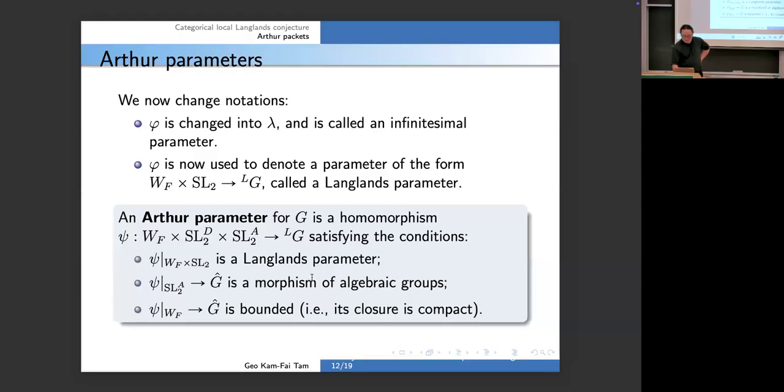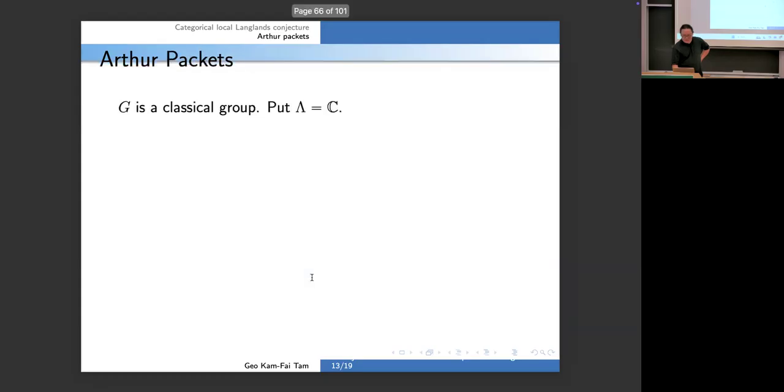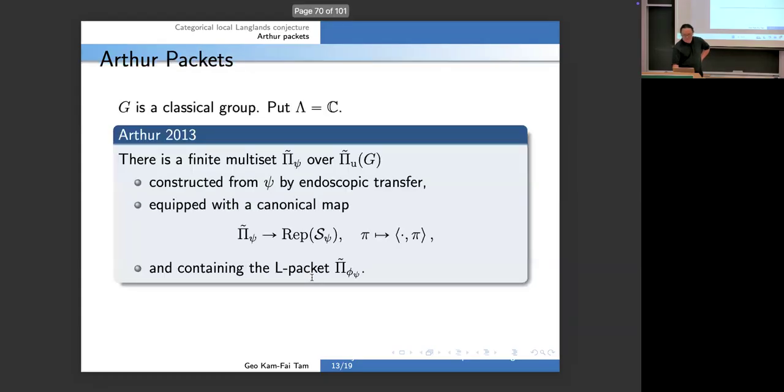Anyway, we have defined the Arthur parameter, and Arthur's paper states that there's a finite multiset of representations in the unitary dual of G. This packet is constructed by endoscopic transfer.